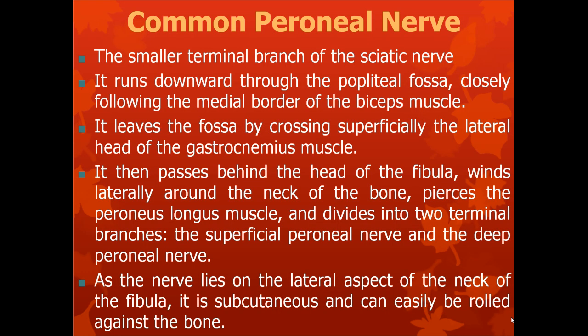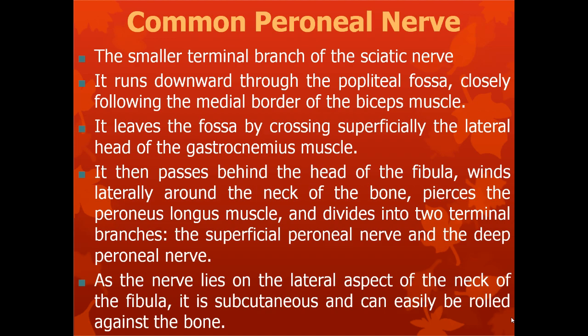Now we will see the common peroneal nerve. This is the small terminal branch of the sciatic nerve, and it runs through the popliteal fossa, closely following the medial border of the biceps muscle, and leaves the fossa by crossing superficially the lateral head of the gastrocnemius muscle.